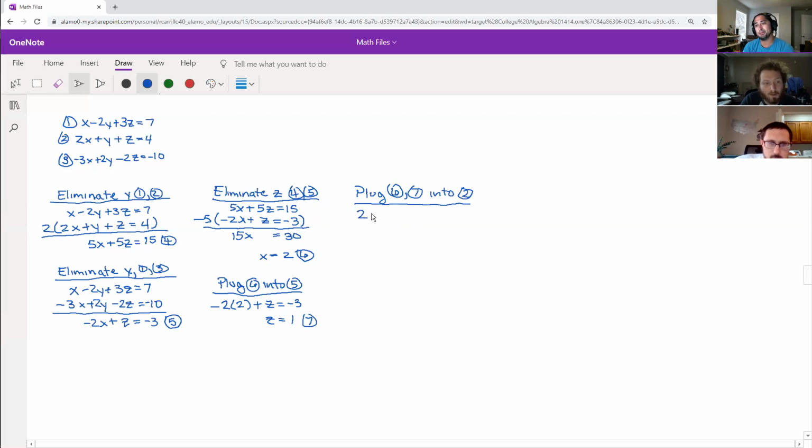So we get 2 times 2 plus y plus 1 is equal to 4. So 4 plus y plus 1 equals 4. The 4's cancel, subtract 1 to the other side, y is equal to negative 1. So our final answer is x equals 2, y equals negative 1, and z equals 1.